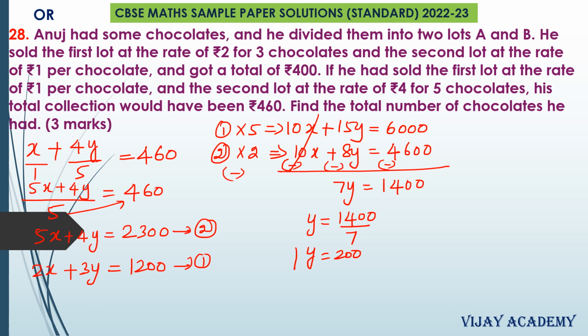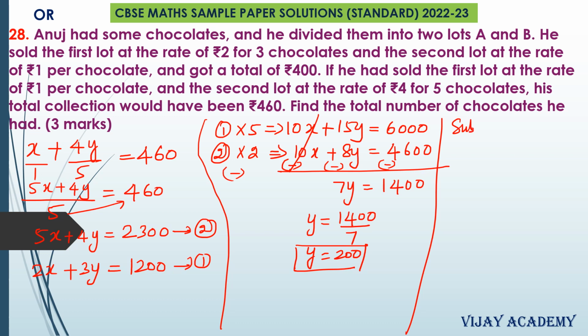Now transpose 7 to the RHS, we get y equals 1400 divided by 7, which is 200. So the number of chocolates in lot 2 is 200. Substitute this in any one of the equations to get the x value. Substituting y equals 200 in equation 1, we get 2 times x plus 3 times 200 equals 1200. Transposing, we get 1200 minus 600, because 3 into 200 is 600.